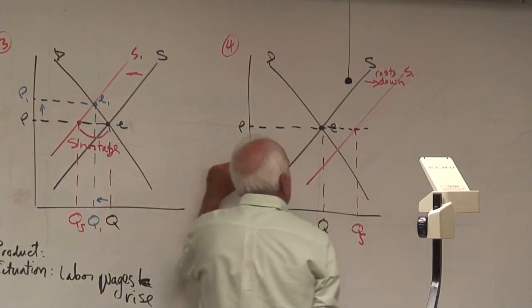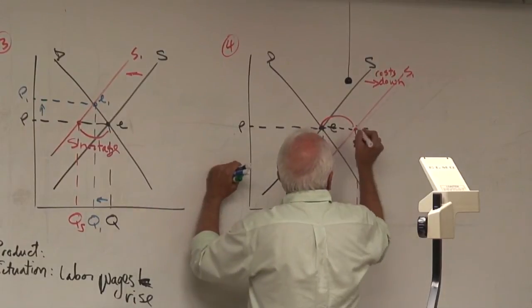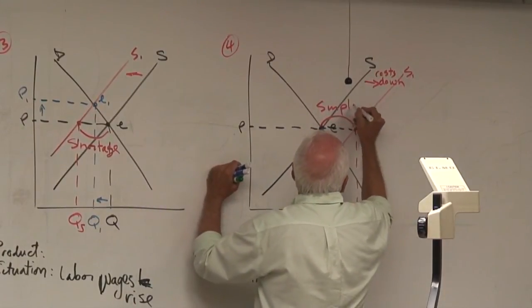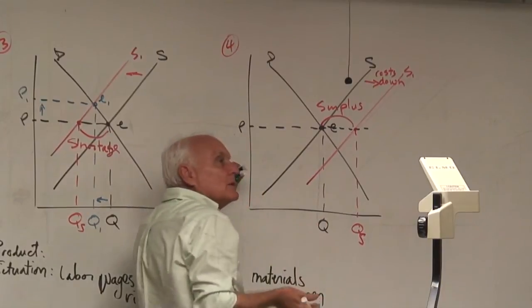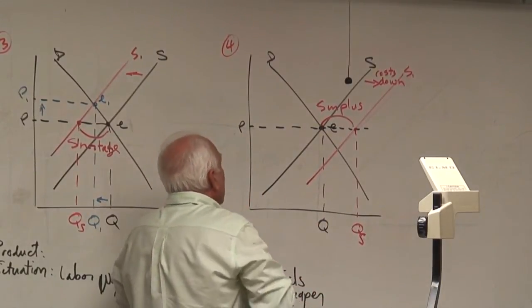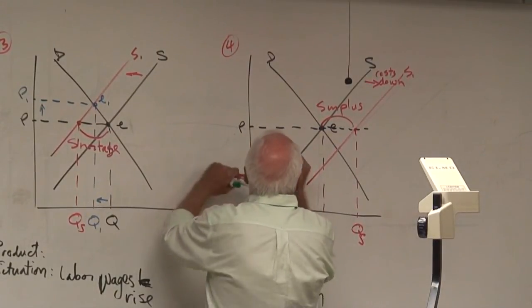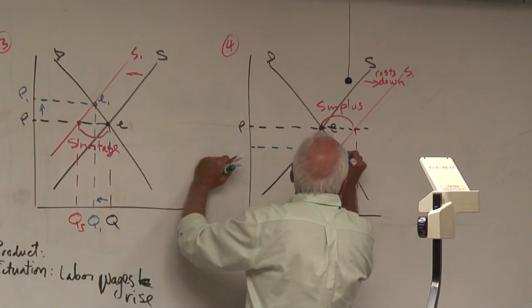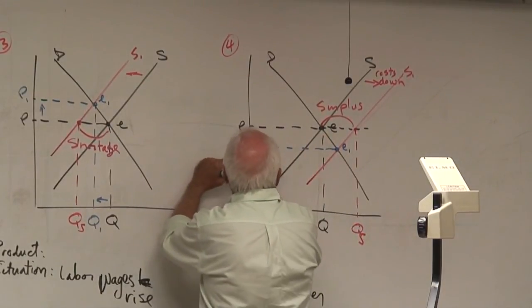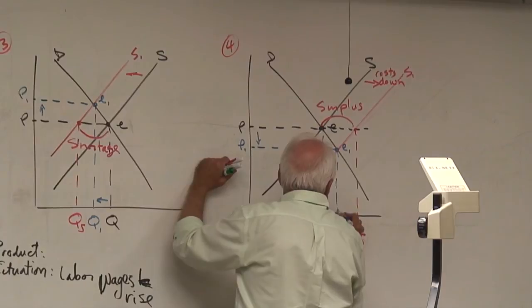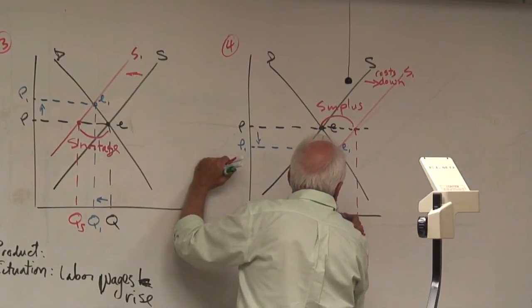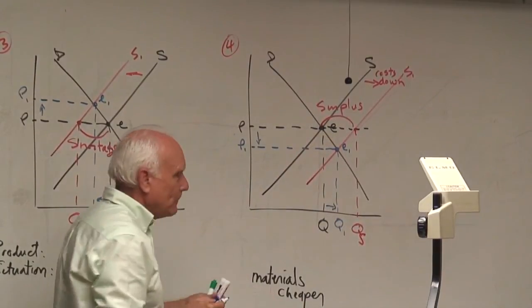So the supply that they could supply would be this, but the problem is that that means there's a surplus. People are not buying them because the price is still up. So they bid the price down so that people will buy the product. And at the lower price, they come to a different equilibrium where more is being produced than before.